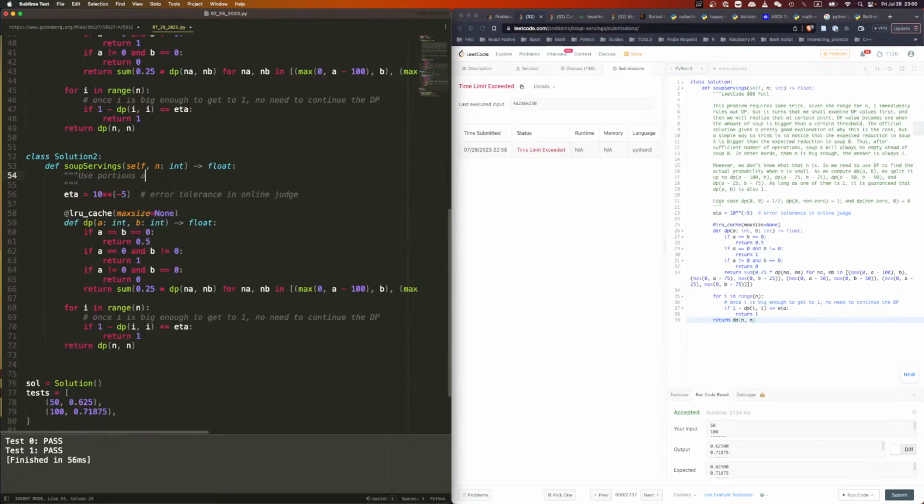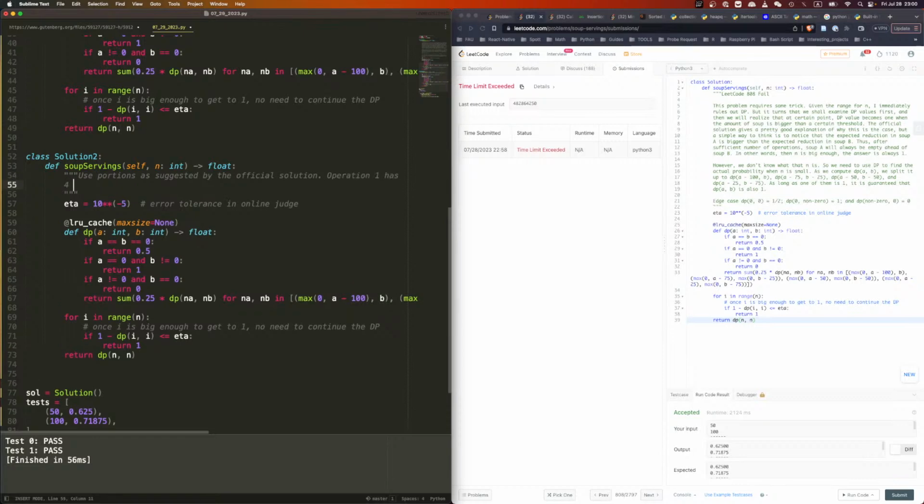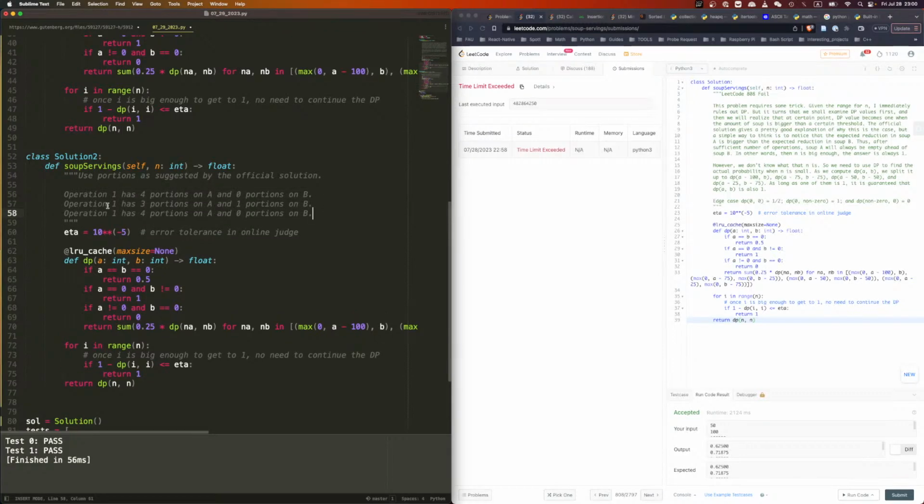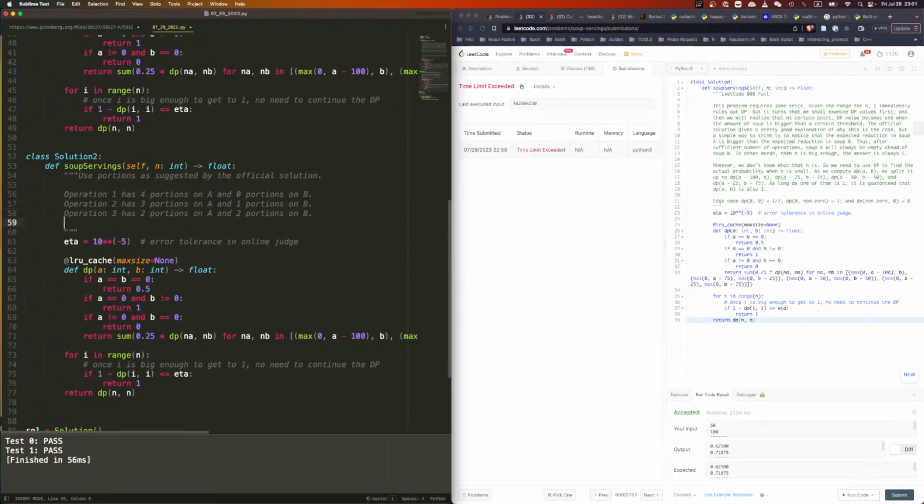Use portions as suggested by the official solution. Operation 1 has 4 portions on A and 0 portions on B. Operation 2 has 3 portions on A and 1 portion on B. And operation 3 has 2 portions and 2 portions.